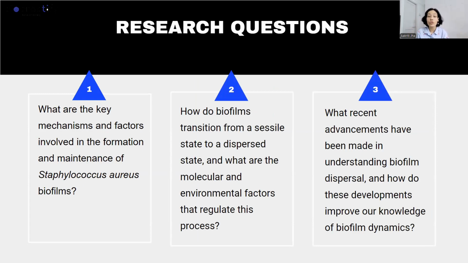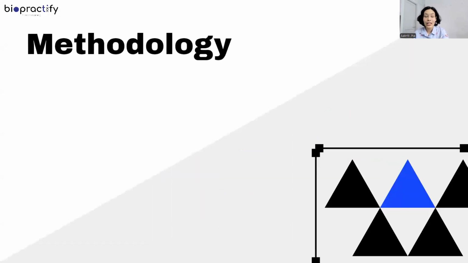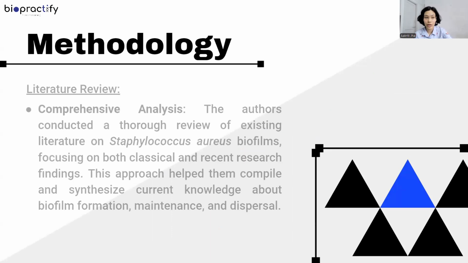Second is, how do biofilms transition from a sessile state into a dispersed state, and what are the molecular and environmental factors that regulate the process? And third, what recent advancements have been made in understanding biofilm dispersal, and how do these developments improve our knowledge of biofilm dynamics?